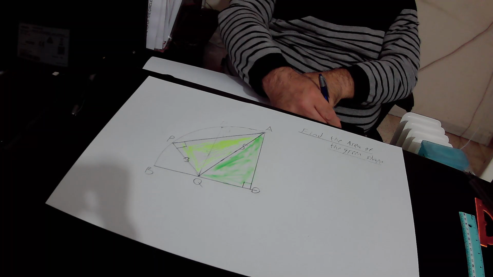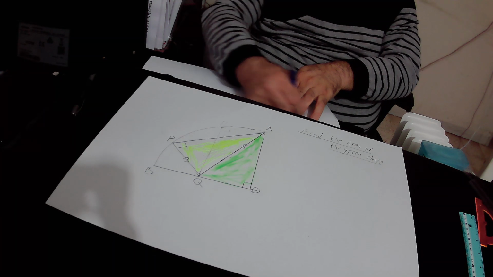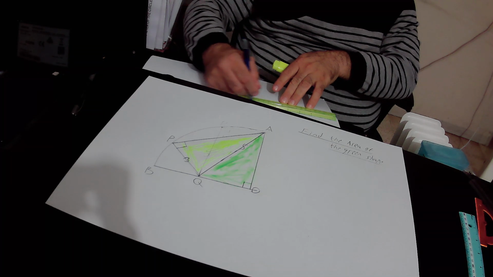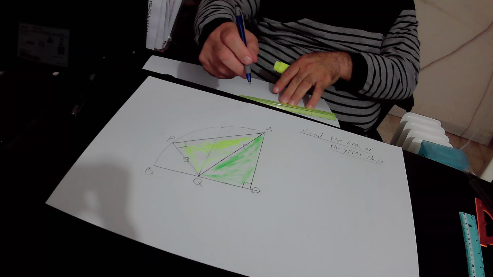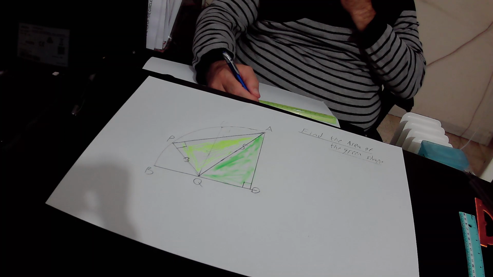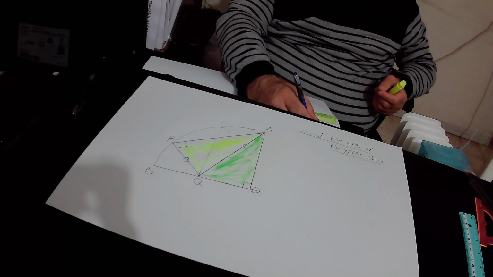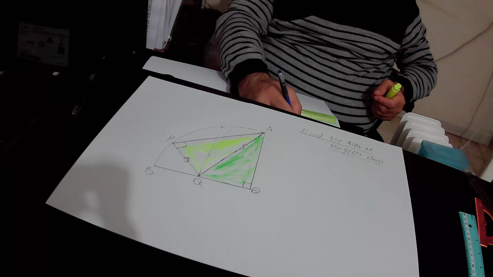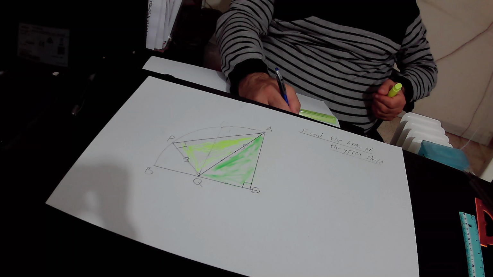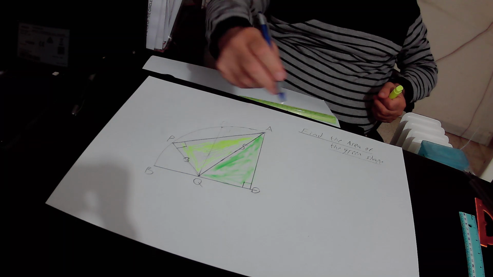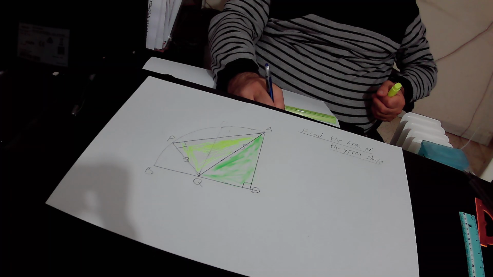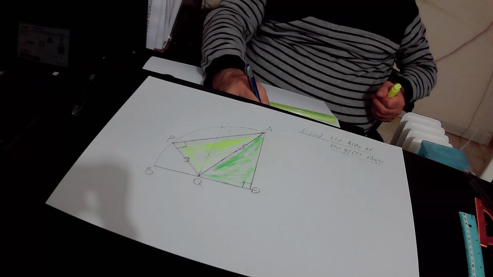So the hypotenuse in the right green triangle is AP, and the square of the hypotenuse is AP squared. And it must be equal to the sum of the squares of the perpendiculars, that is to say, PQ square plus AQ square.